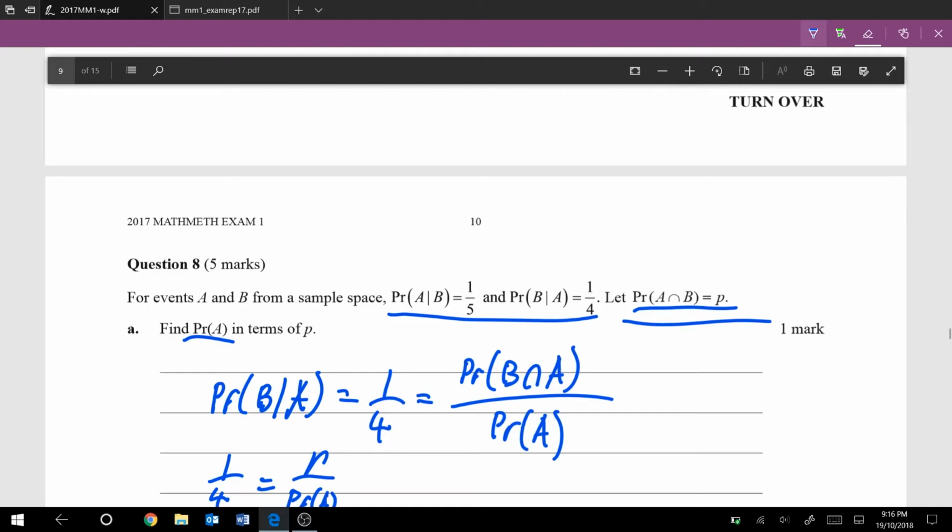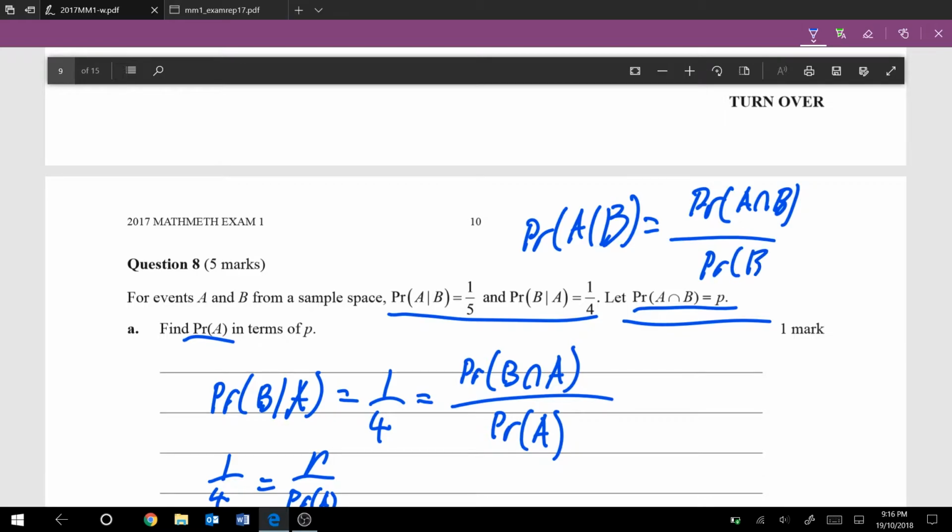If these two conditional probabilities are not 0, the formula states that A given B has to equal the probability of A and B over the probability of B. The only way this would be 0 is if the probability of A and B is 0.